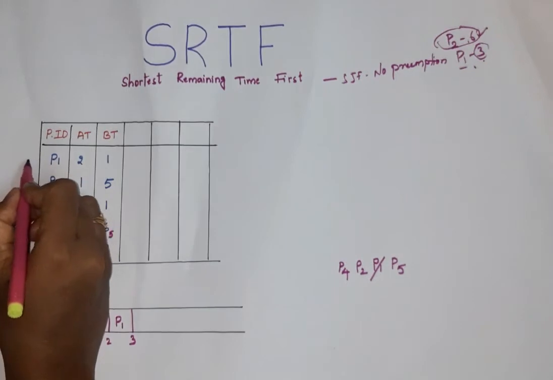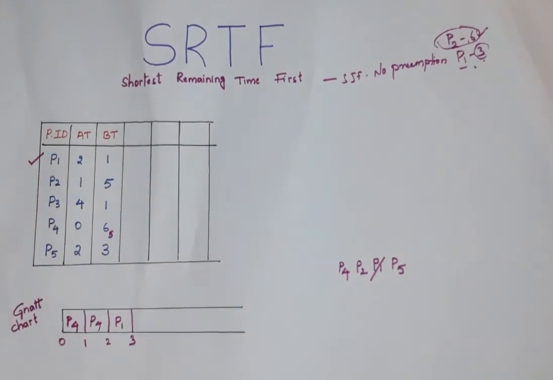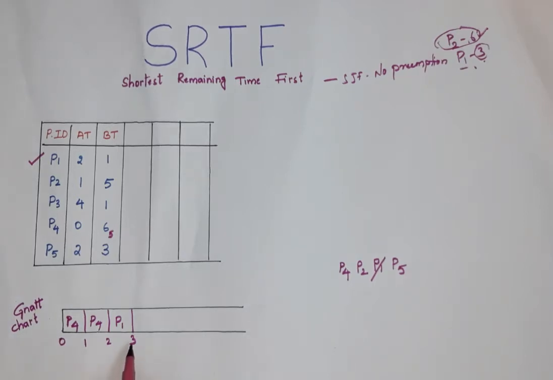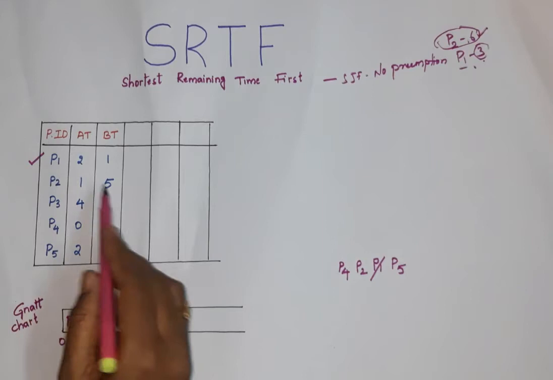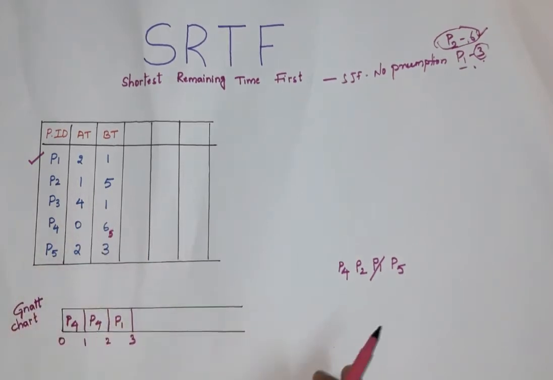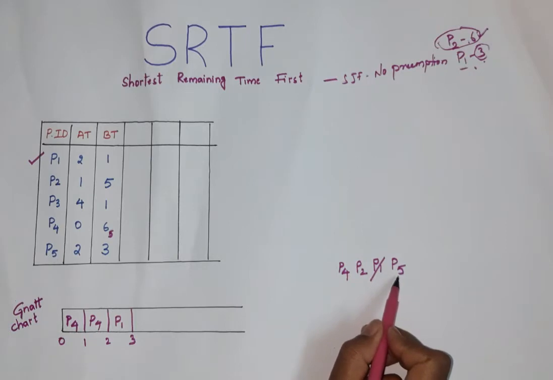Now at the third unit of time, as no process came in the ready queue, we have to go with the P5 process.